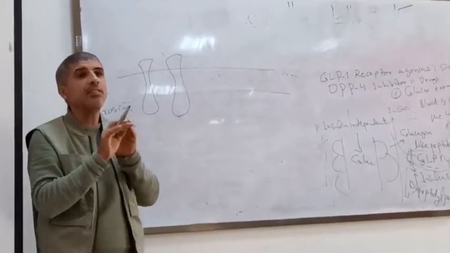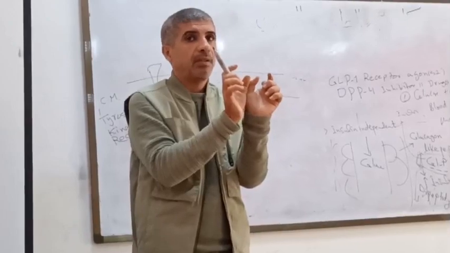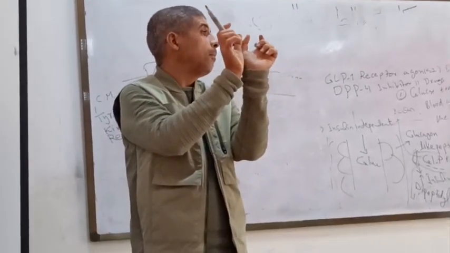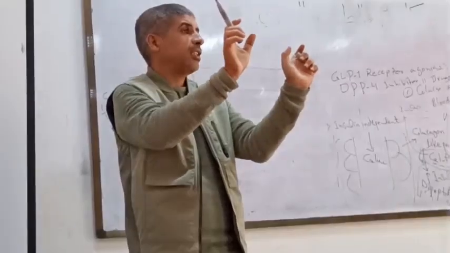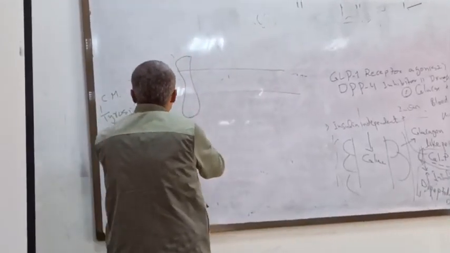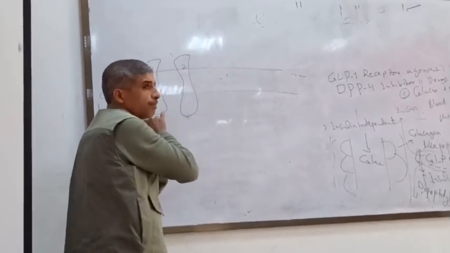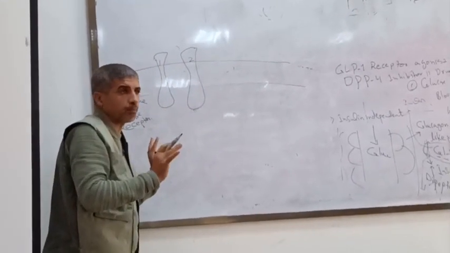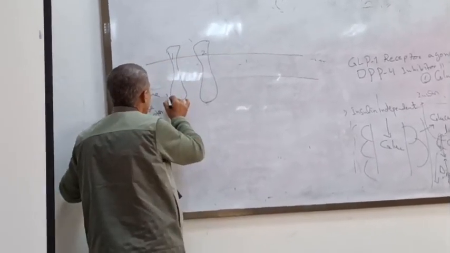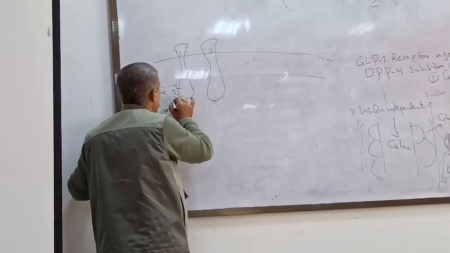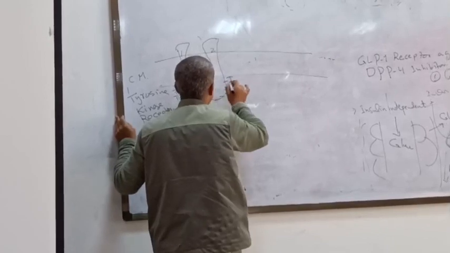Okay. When there is no insulin, the receptor consists of two dissociated monomers. This is monomer 1, monomer 2. No insulin. In the cytoplasmic part, there are lots of tyrosines.